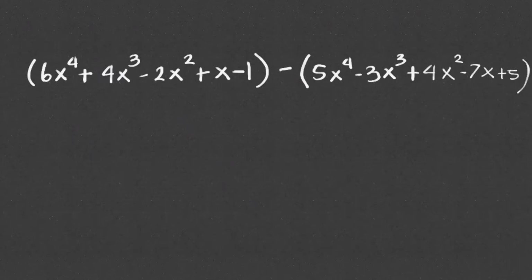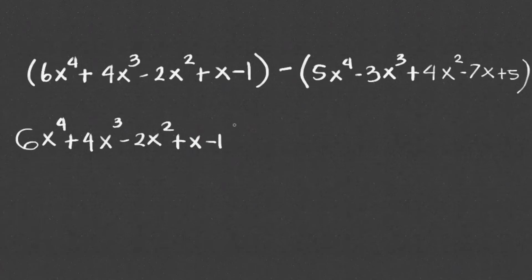We can just write down everything that is in the first parenthesis since there's no sign before it. So 6x raised to the fourth power plus 4x cubed minus 2x squared plus x minus 1.